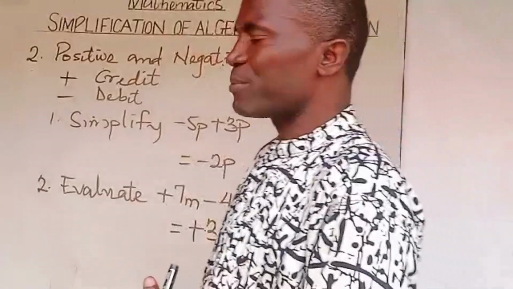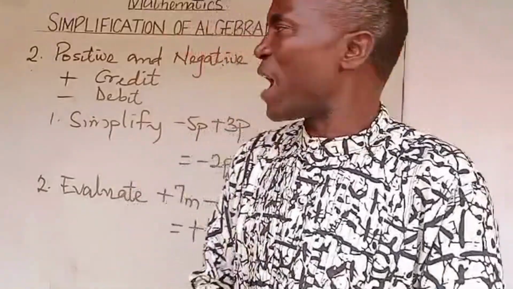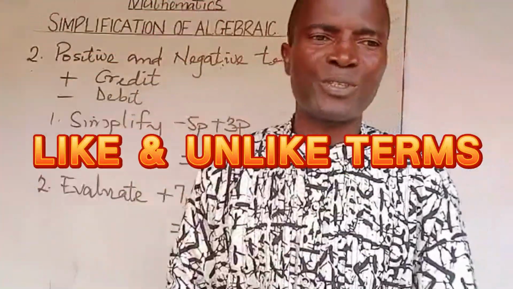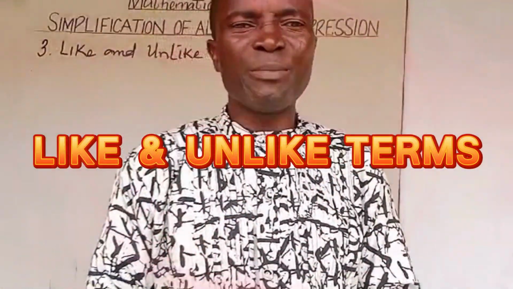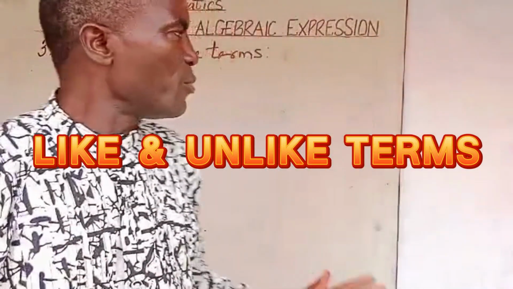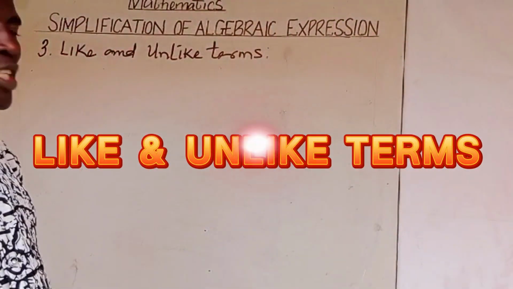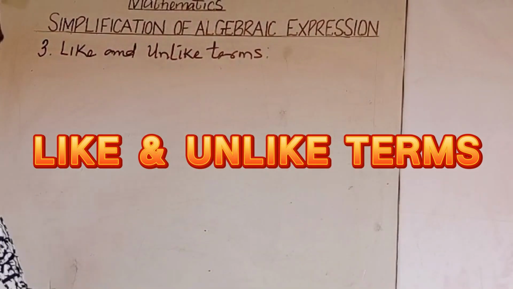And the next term that is commonly used in algebraic expression is like and unlike terms. When we say like terms, we mean terms with similar letter. Unlike terms are terms with non-similar letter.